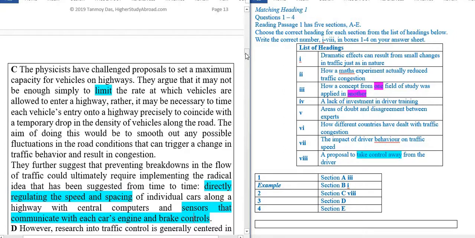After practicing multiple list of headings with multiple paragraphs and different styles of writing, you will be accustomed to the answers. Okay, so don't worry if you cannot answer correctly right now. We will figure it out in the entire course. Okay, section D.